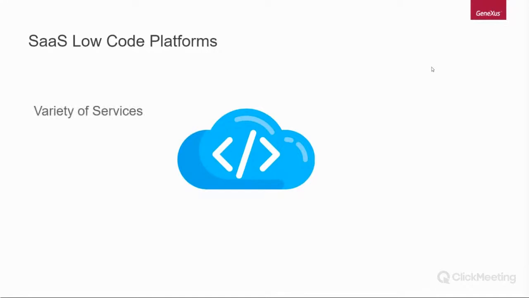What are those advantages that we're talking about regarding software as a service low-code platforms? Well, these platforms usually have a variety of services that will allow you to solve a lot of things in the development of your solution. It's presented as an end-to-end solution where you'll be able not only to code but to integrate that code with different services, and all of that is ready to go.